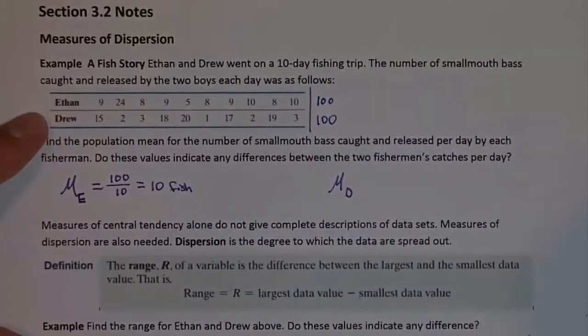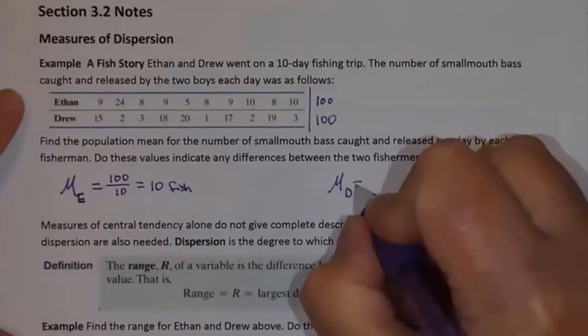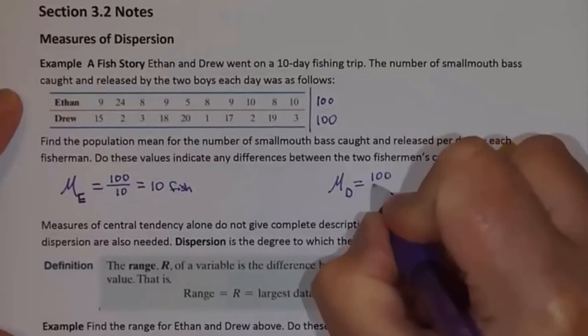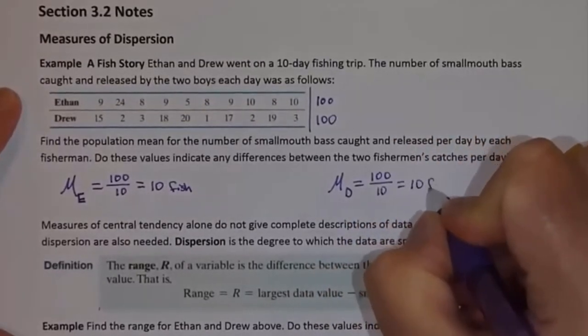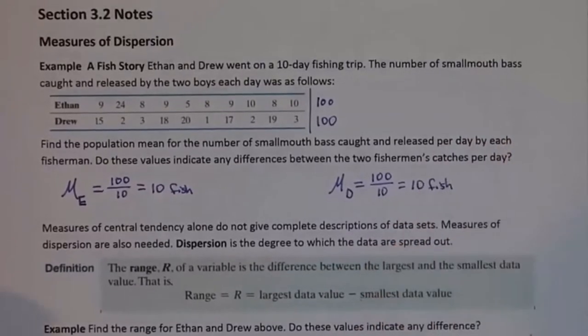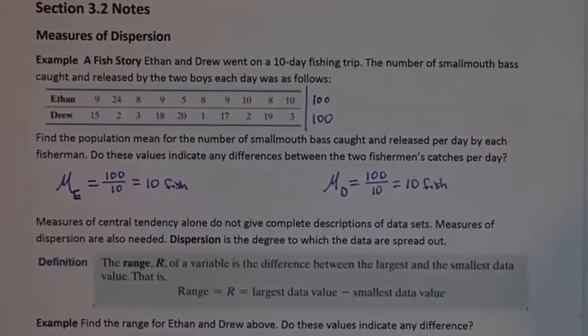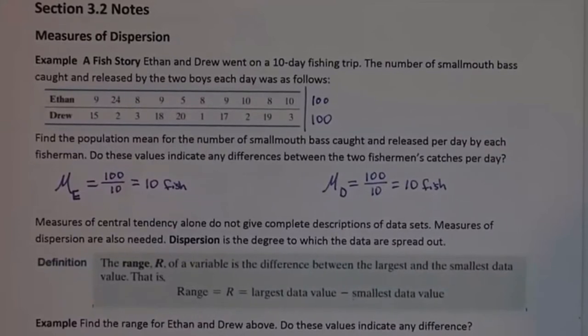Drew also caught a total of 100 fish. So if I calculate Drew's average, I'm going to take 100 and divide by 10, and that is 10. So Drew also has a mean of 10 fish per day.